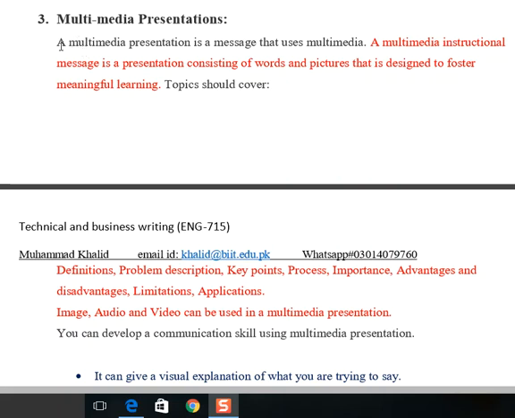Fine, let's see it. A multimedia presentation is a message that uses multimedia. A multimedia instructional message is a presentation consisting of words, bullets, and pictures, designed to foster meaningful learning. Clear?